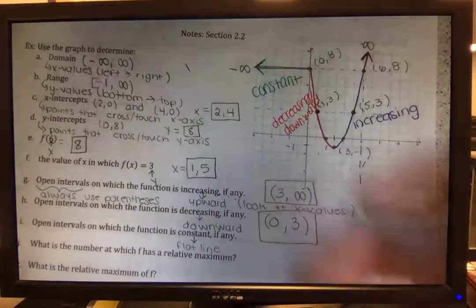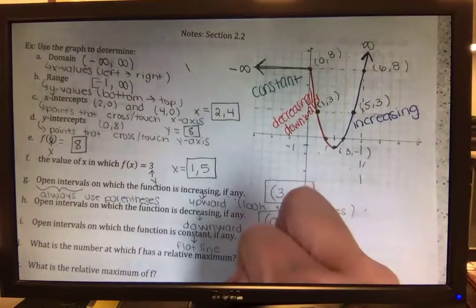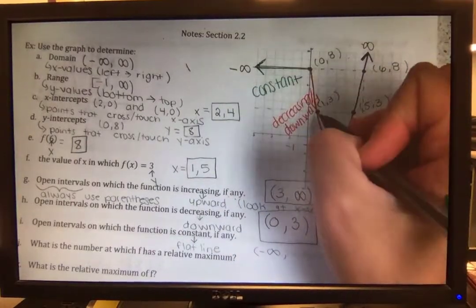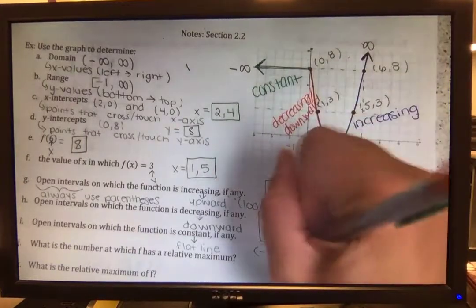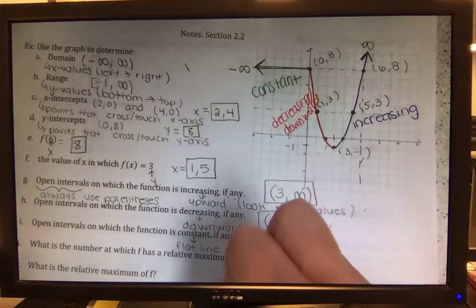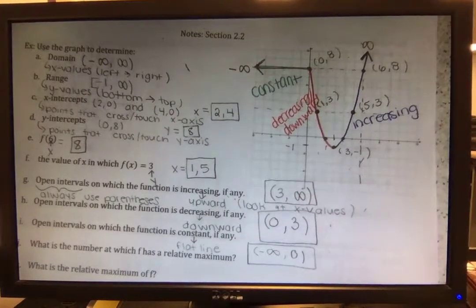So where is it staying constant? What x values? It's going on forever to the left, so from negative infinity. And then it stops staying constant and starts going downward at x value of 0. So from negative infinity to 0 is when it's staying constant. Again, we're always looking at x values there.